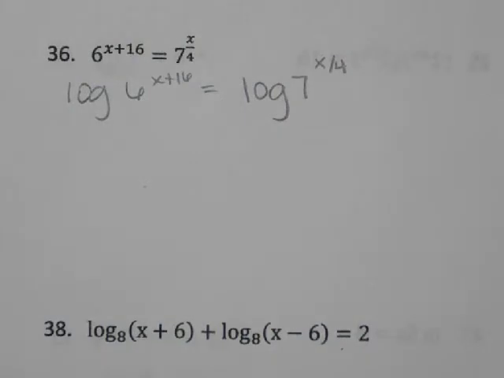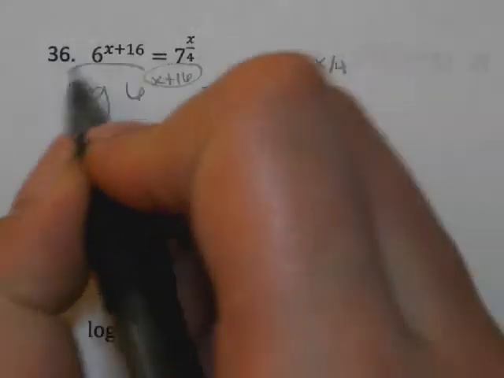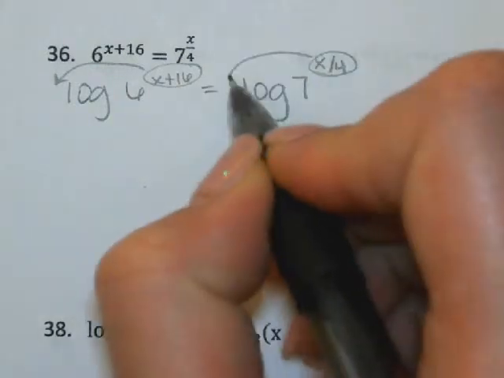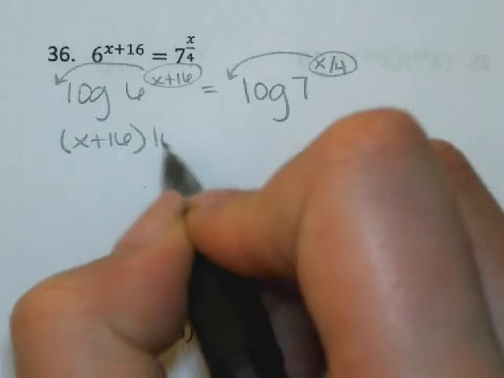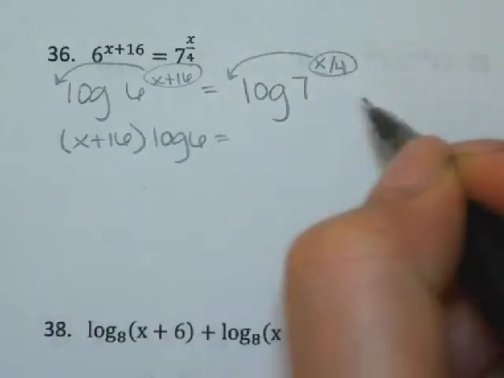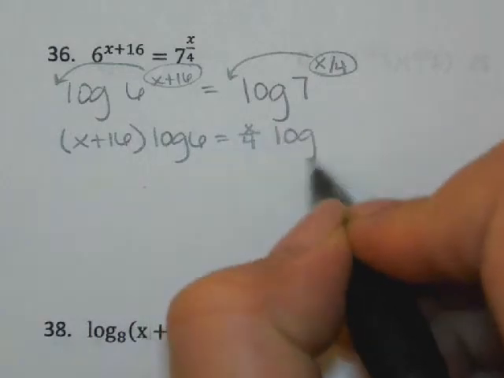And once we log each side, what do we do with those exponents? Bring them to the front. Okay, so we have x plus 16 log 6 equals x divided by 4 log 7.